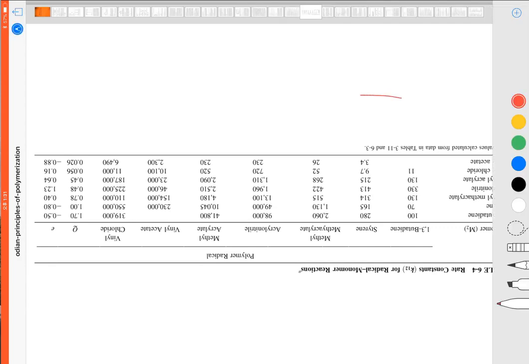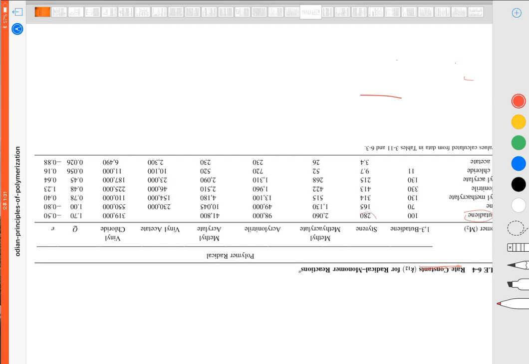Let's rotate this table. Okay. So if you look at this carefully, although it's rotated, the number inside of this table shows basically the rate constant.